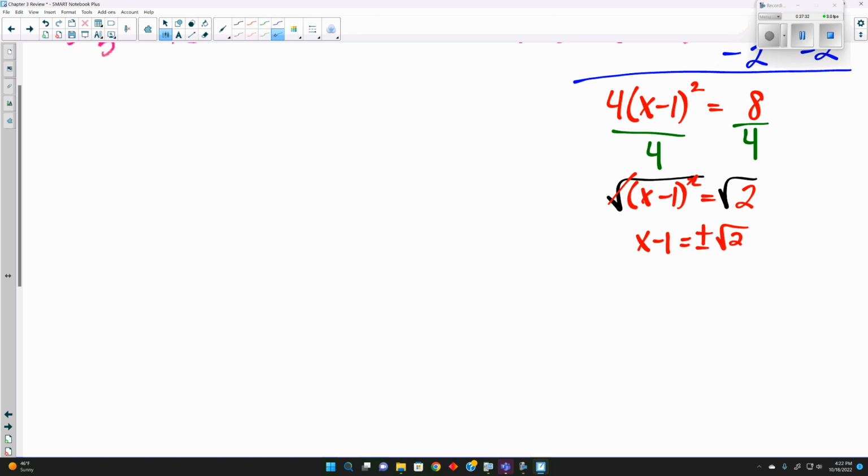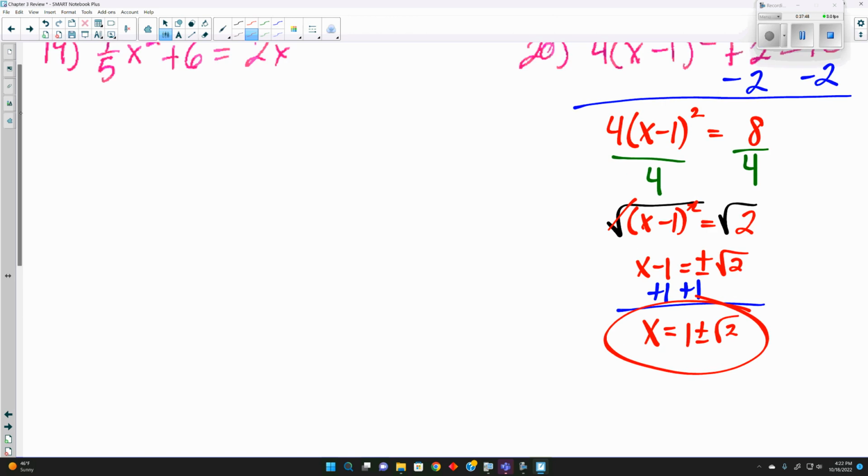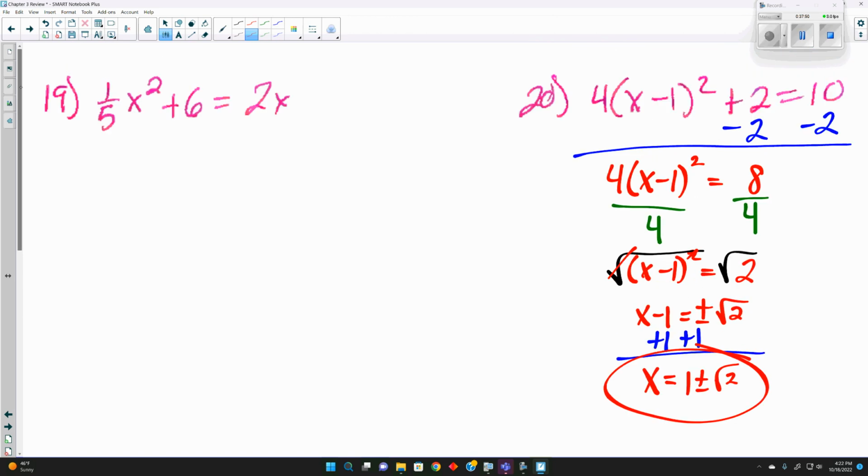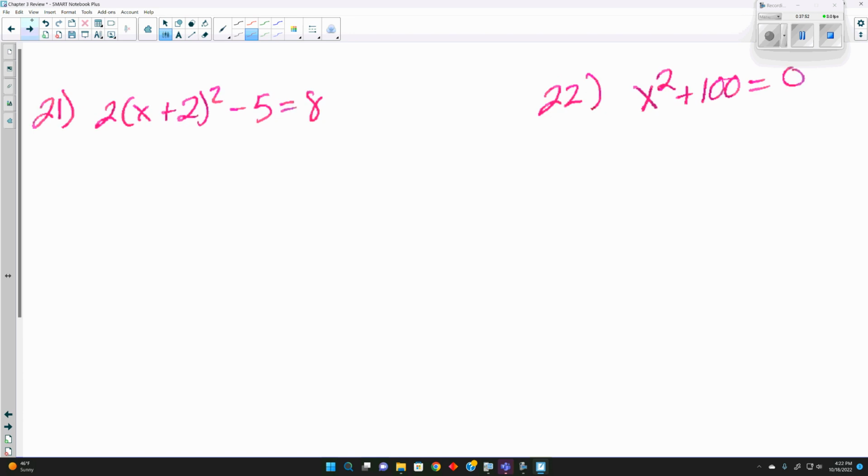Now last but not least, x is not by itself, so we do have to add 1 to both sides. Because that will get us x by itself. And over here we would add the 1 to the front, so we'd have 1 plus or minus the square root of 2, and that is our answer. That's all we have to do for this here. We can go on and look at the next one.